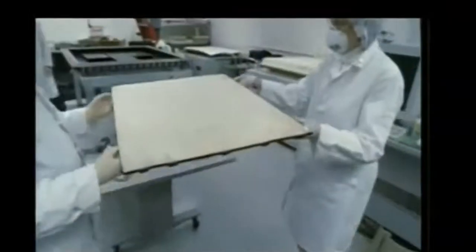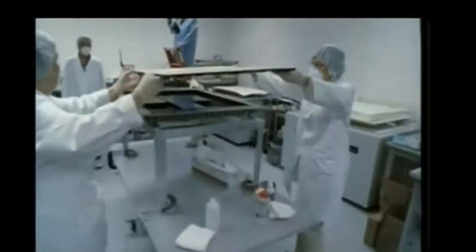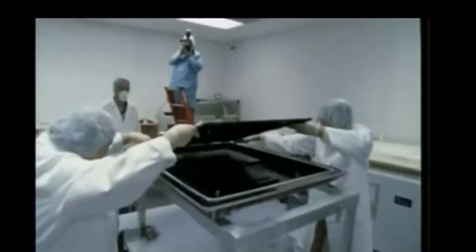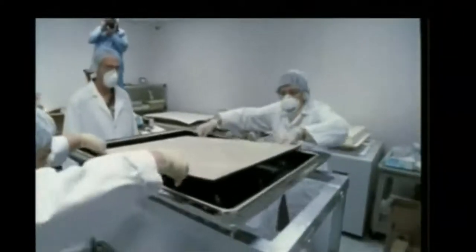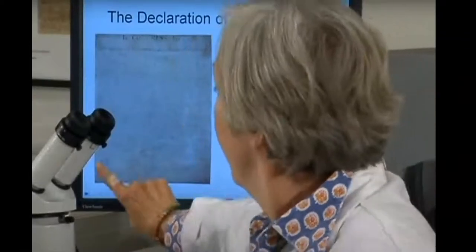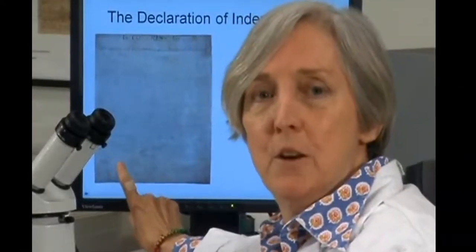In the new encasement design, the document rests on a platform. The platform is black, and the encasement interior is black, and so the effect is that the parchment is floating in this black surround. There is a mystery on the Declaration of Independence. At the bottom left corner, right here, you can see fingerprints. There's a faint gray impression of a handprint.